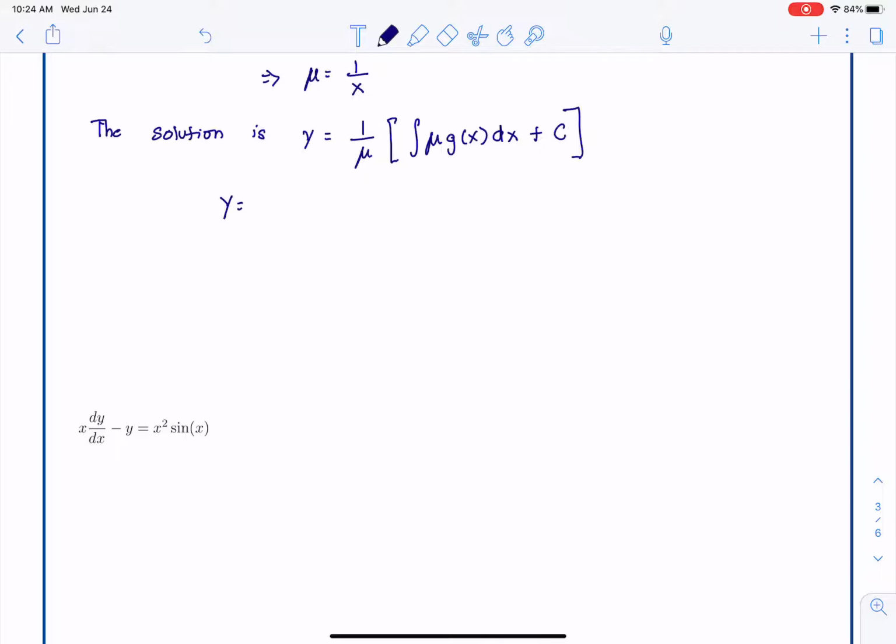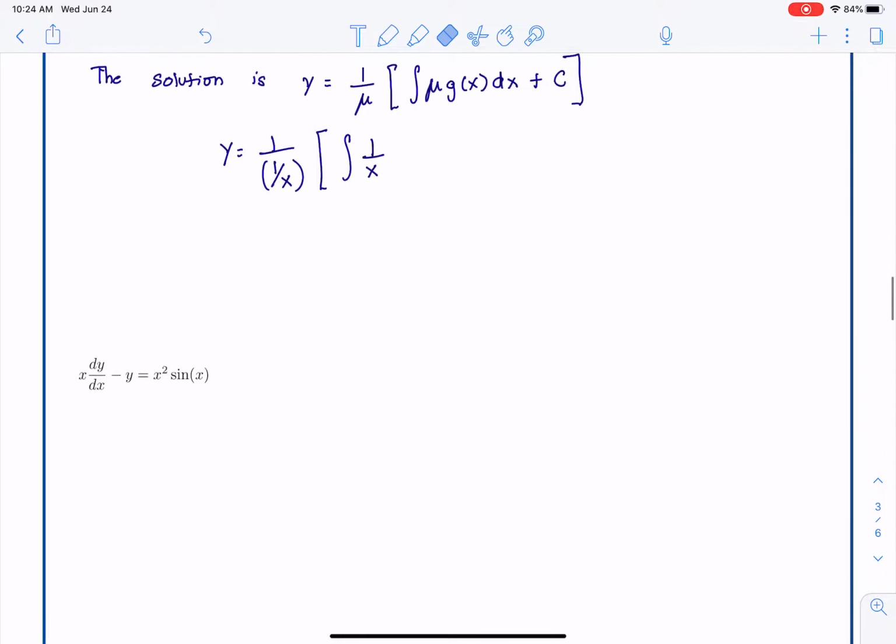So y would equal 1 over x times the integral of 1 over x times g of x, and g of x we found to be 1 over x squared, dx plus c. 1 over x is x, integral dx over x cubed plus c.